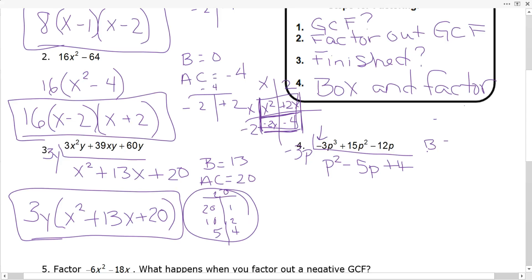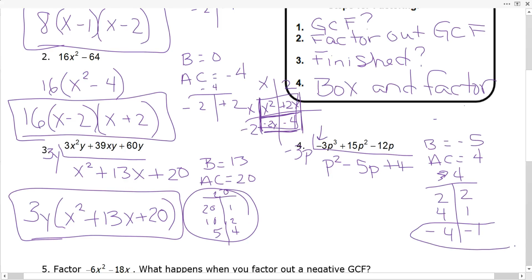My sum is negative 5. My product is 4. If I have 4, I either have 2 times 2 or 4 times 1 or negative 4 times negative 1. There's my magic number. So I'm going to make a box somewhere. There's just not much room, is there?